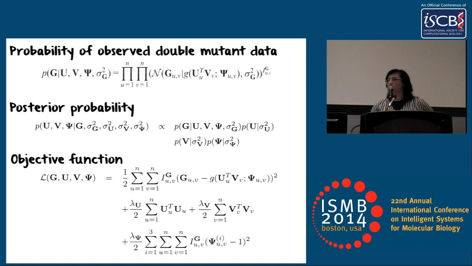And then we impose the Gaussian prior on the latent factors of matrices U and V and derive the posterior probability of the unknowns given our observed data, meaning the unknowns in our case are both these latent matrices U, V plus Xi, which encodes our parameterization of logistic space, given the data that we have, which is in this case the double mutant phenotypes.